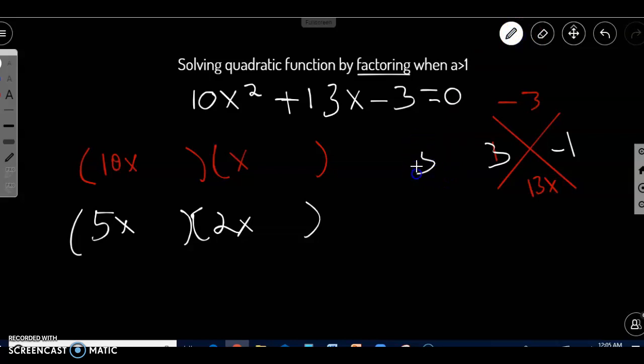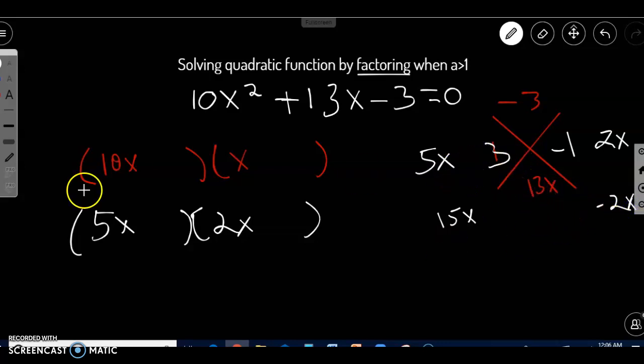So let's look at that one. So we write our 5x here, and we write our 2x here. So we multiply here, gives us 15x, and when we multiply this, gives us -2x, and when we add it, boom, we got 13x.